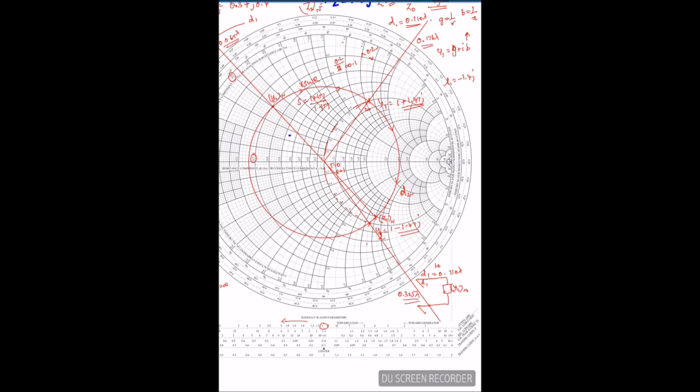So now the difference between these two, 0.325 lambda minus the load admittance wavelength, 0.065 lambda, becomes the distance d2. The distance d2 I will get as 0.260 lambda.